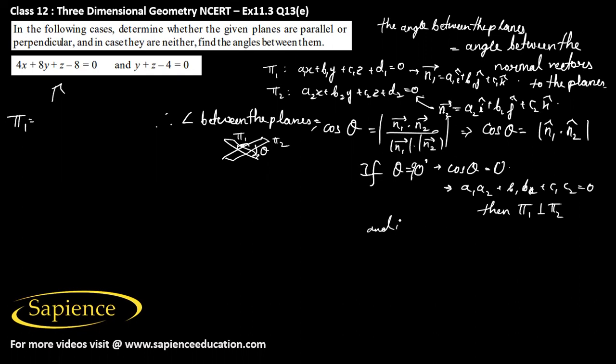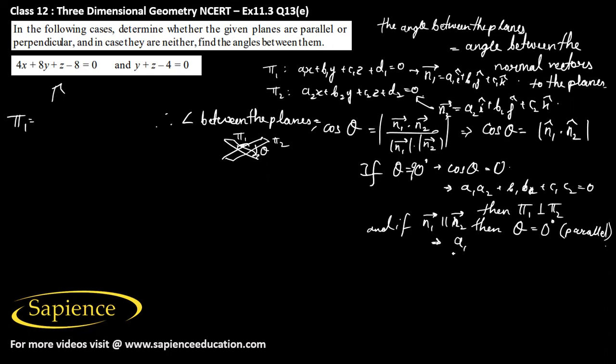And if n1 vector is parallel to n2, then I will tell that the angle theta in between the two planes will be 0 degree. It means they will be parallel. So then n1 should be equal to some lambda times n2.